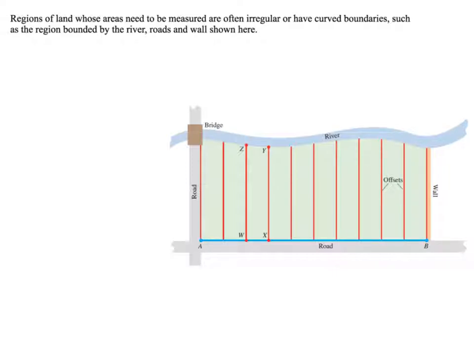The mid-ordinate rule. Mid-ordinate rule: area of region is approximately equal to, now I'm not going to have enough room to fit this in, so I'm going to write it out.